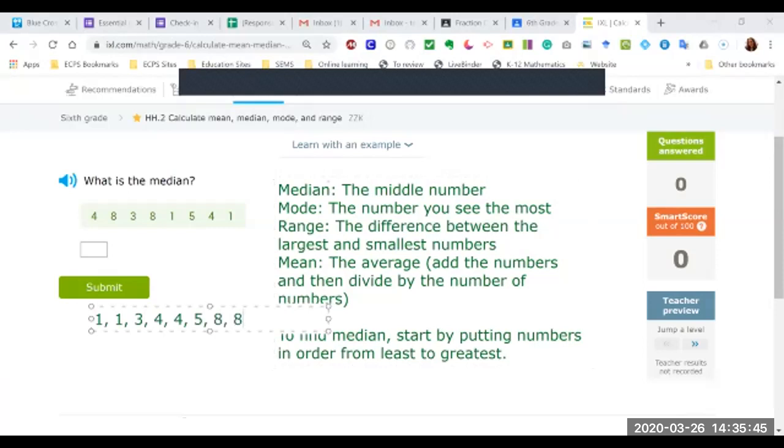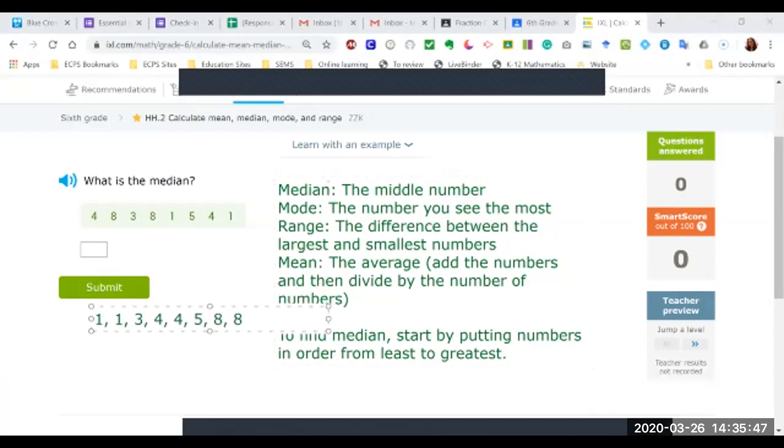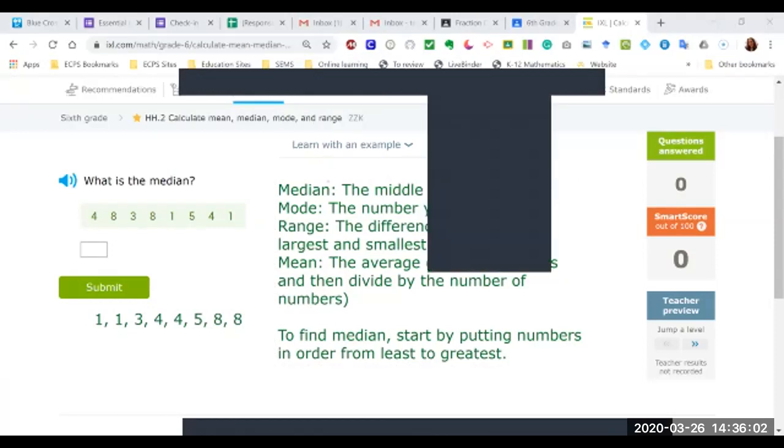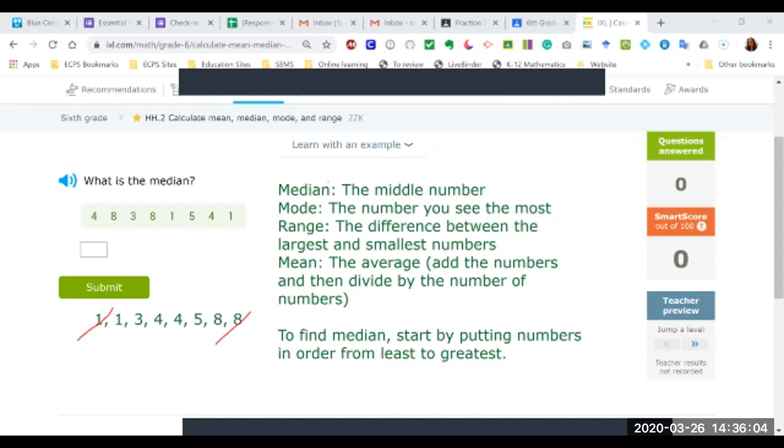Now that I have my numbers in order, I'm going to cross out the numbers as I go, moving toward the middle, one from each end until I get to the middle.